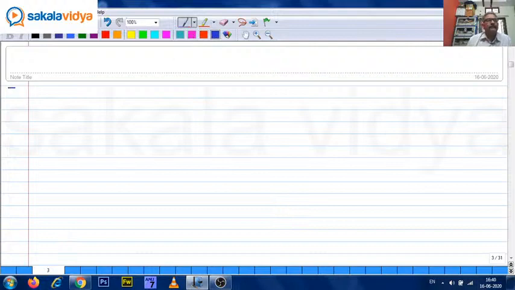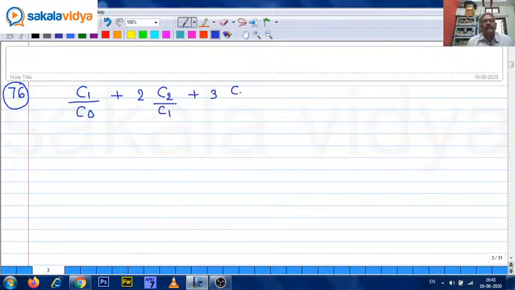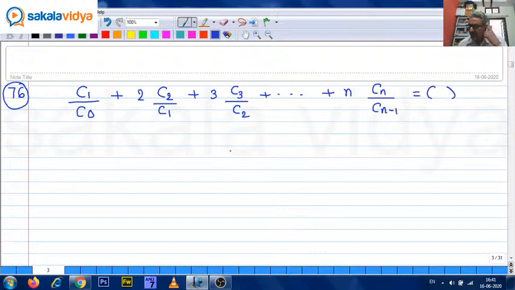C1 upon C0 plus 2C2 upon C1 plus 3C3 upon C2 plus so on, plus n times Cn upon Cn minus 1 equals to, okay, first option is n plus 1 times n plus 2 upon 2.